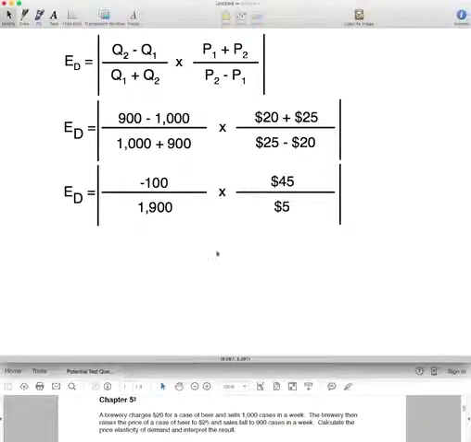So that equals negative 0.0526. And that is going to be multiplied by the right-hand side. We have 45 divided by 5, which is equal to 9.